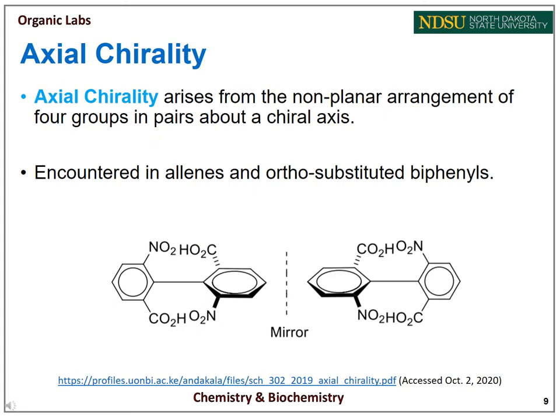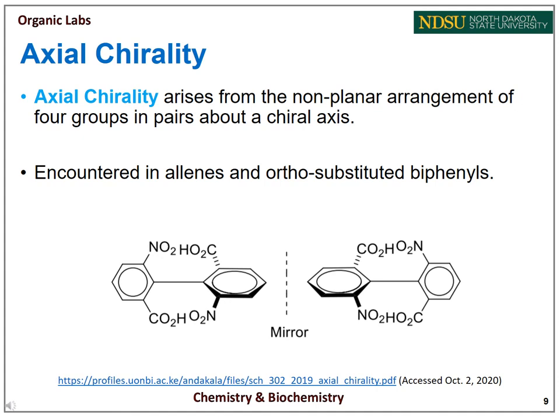Finally, let's talk about axial chirality. Axial chirality arises from the non-planar arrangement of four groups in pairs about a chiral axis, and because of this, it doesn't require a chiral carbon for the molecule itself to be chiral. It's typically encountered in allenes and ortho-substituted biphenyls, such as those shown. So what axial chirality is, is chirality of a molecule due to lack of free rotation because of steric hindrance, because of big bulky substituents, or rigidity due to double bonds.